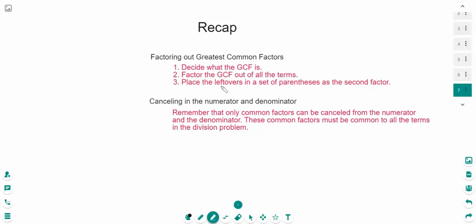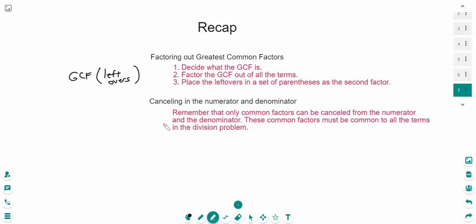So we pulled it out from all of the terms, and then we placed the leftovers in a set of parentheses as the second factor, right? So, yeah, remember we found the greatest common factor, and then we set next to that the parentheses, and then this is our leftovers after we've divided everything by the greatest common factor, right?